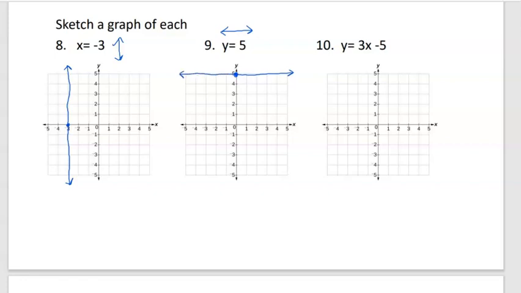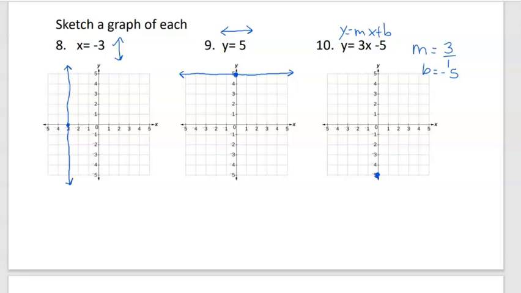When you have the x and the y present, remember y equals mx plus b, where here m would be 3 over 1, b would be negative 5. I'm going to plot b down here at negative 5 on the y-intercept.